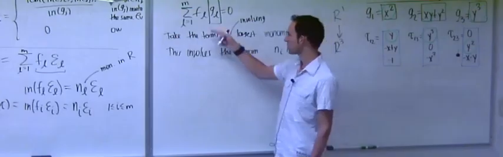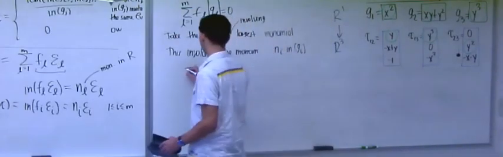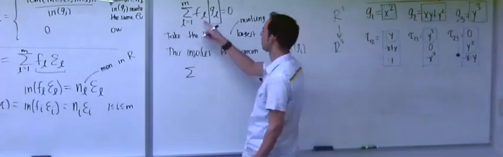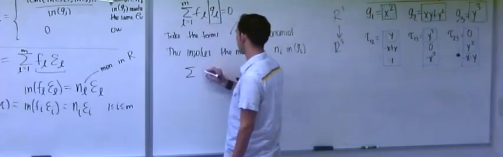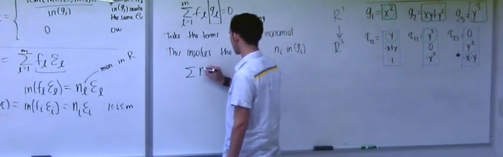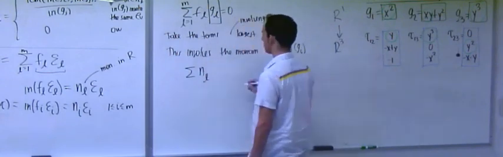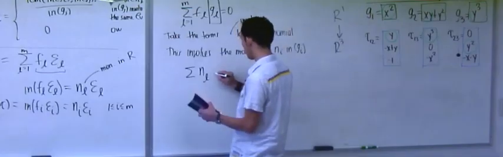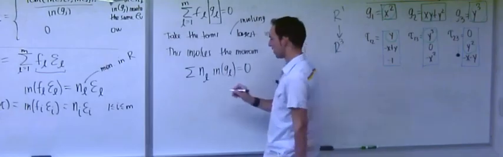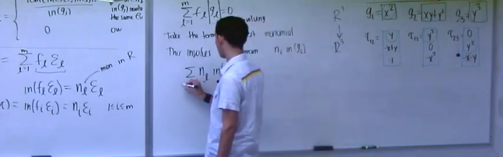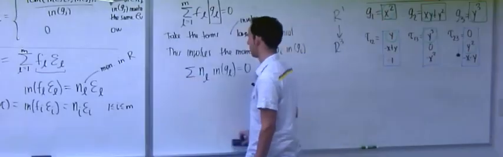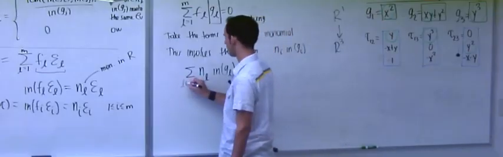And so I take those and consider only those. Which ones are those? Well, they're the ones that look like this: N_L times the initial term of G_L, equal to 0, where these are only some of the L's.